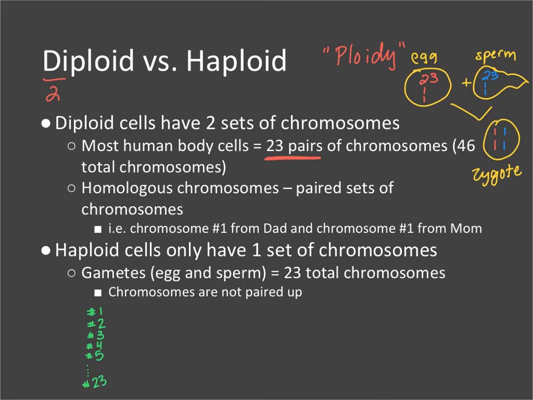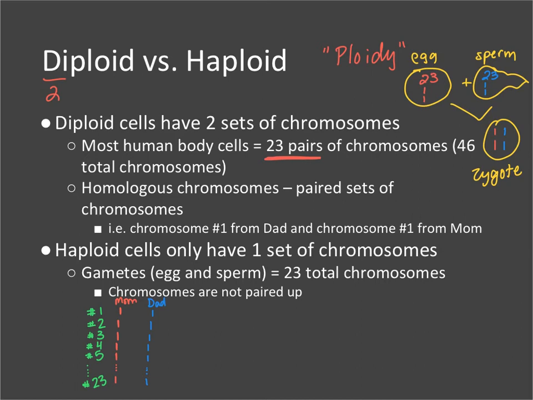You got a chromosome number 1 from your mom, a chromosome number 2 from your mom, a chromosome number 3, a chromosome number 4, number 5, etc., all the way down to the 23rd chromosome. Same thing with your dad. You ended up with a chromosome number 1 from your dad, number 2, number 3, 4, 5, all the way down to your 23rd chromosome.